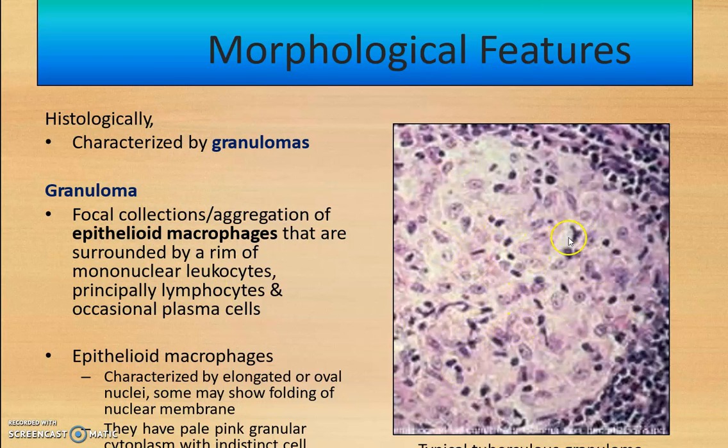You can see this is a macrophage, and this is an epithelial-like macrophage, and it has pale pink granular cytoplasm and indistinct cell boundaries. You can see it's almost pinkish. And then the rim is principally lymphocytes, and sometimes you can see plasma cells.